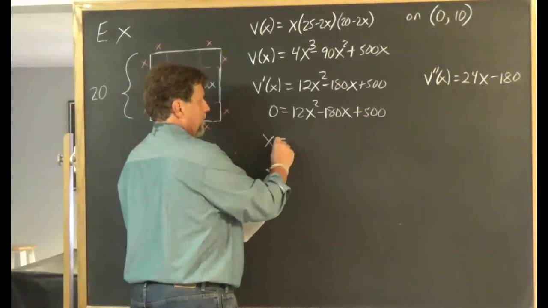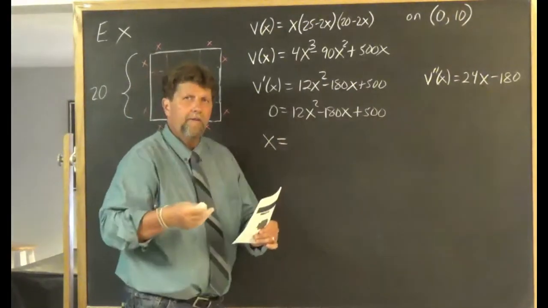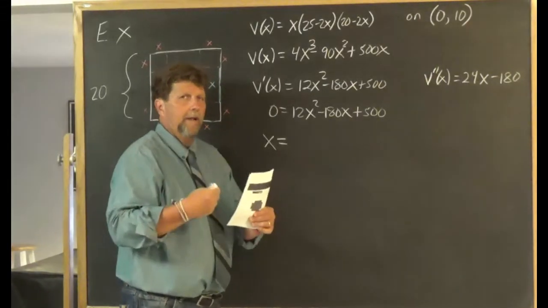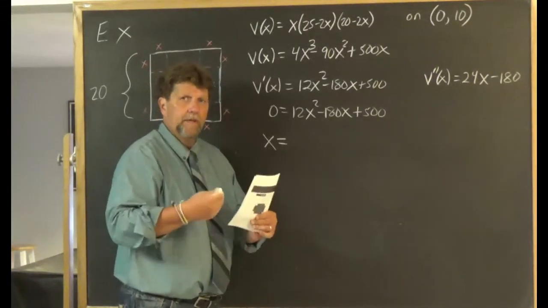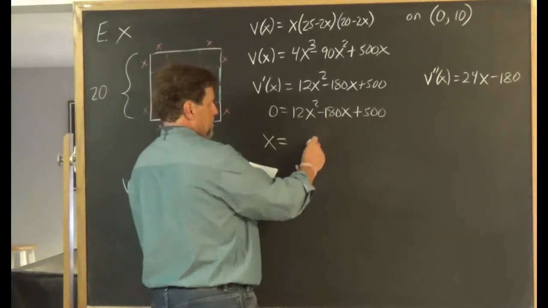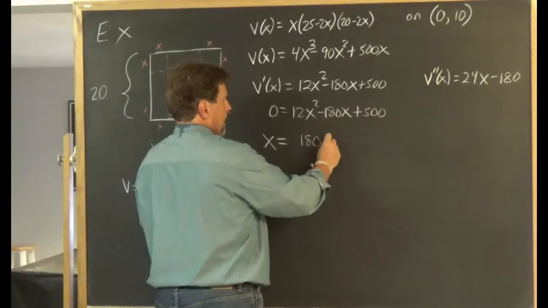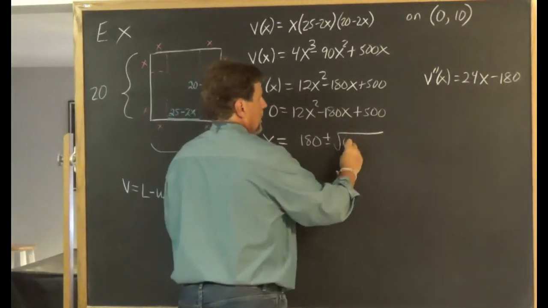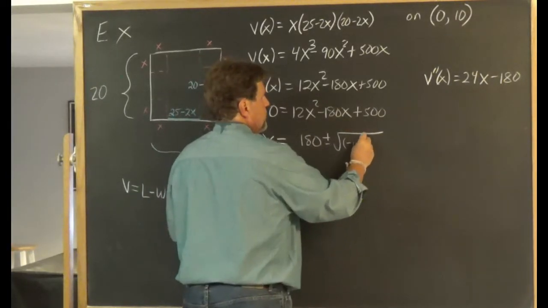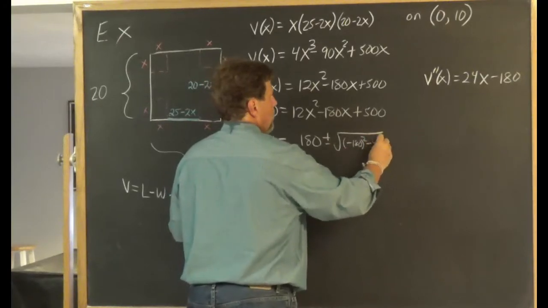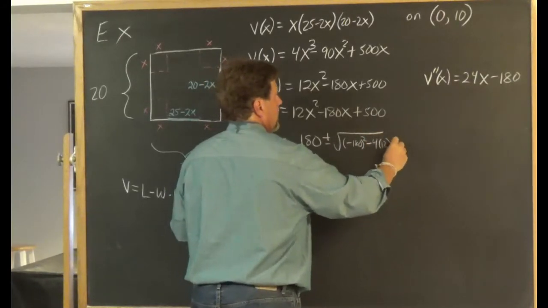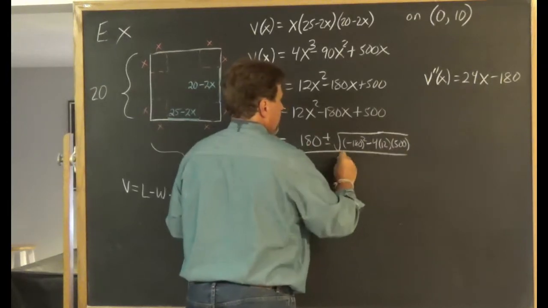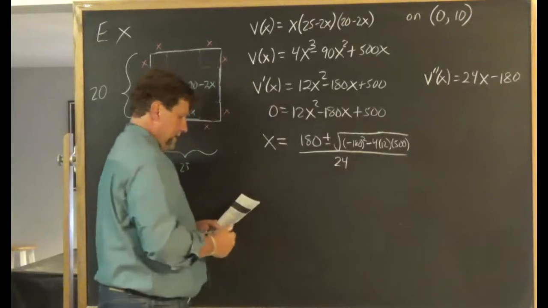Remember the quadratic formula. I'll verbalize it as I'm writing in the numbers. The quadratic formula says x equals the opposite of b, plus or minus the square root of b squared minus 4 times a times c, all of that over 2 times a.